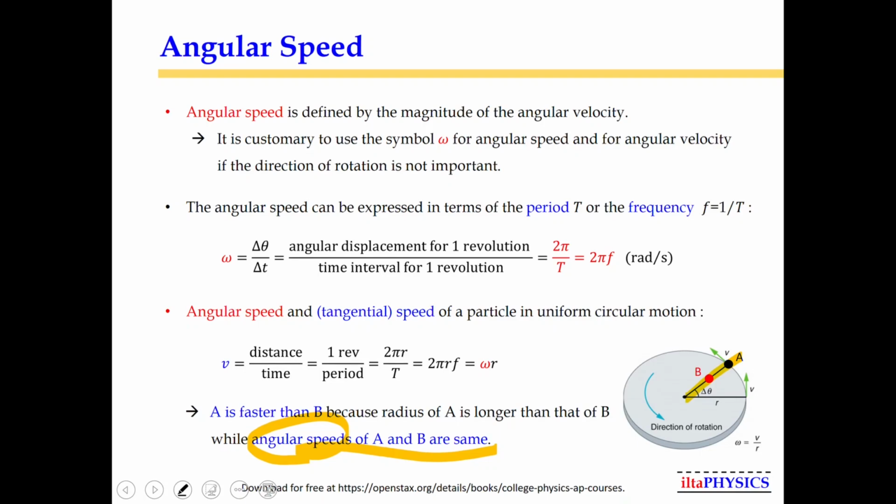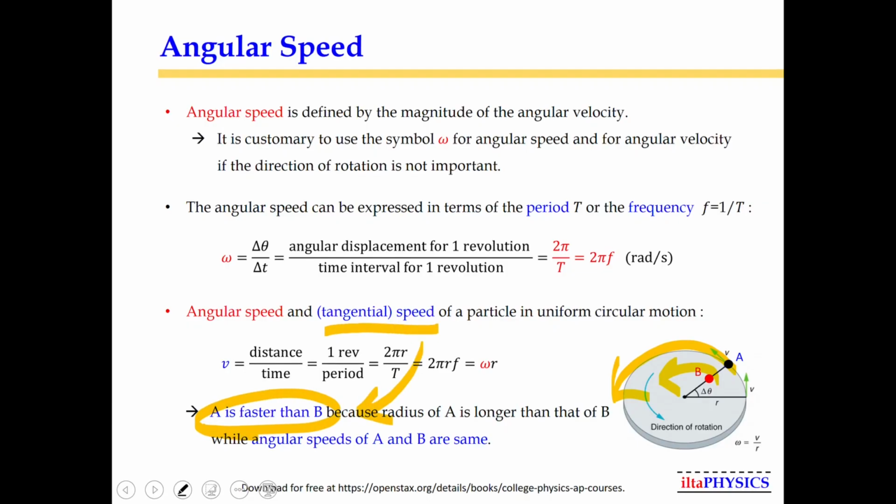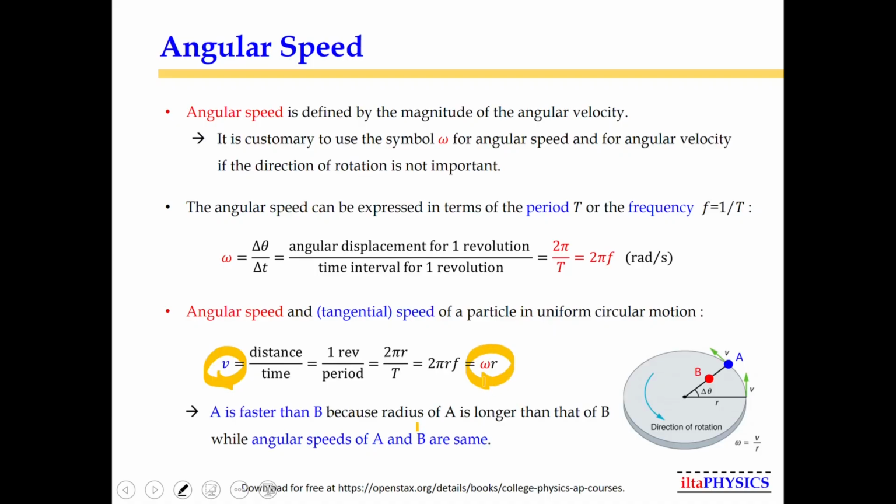But in reality, the speed at which each point travels in its circular path, called the tangential speed, is, as we know, faster for A than for B. This is because the radius from the rotation axis to point A is longer than the radius to point B.